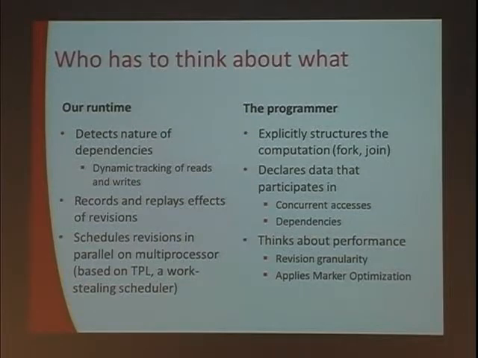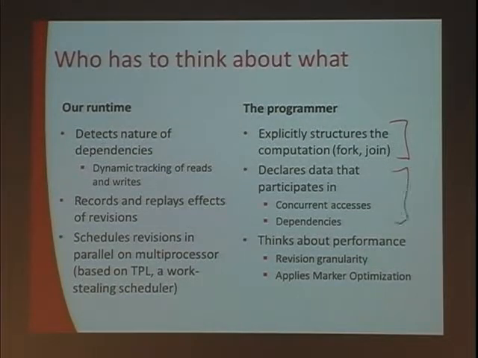So coming back to some questions, what does a person have to think about? You still have to think in this case. The programmer is going to think about the structure of computation and how to decompose it using fork and join.